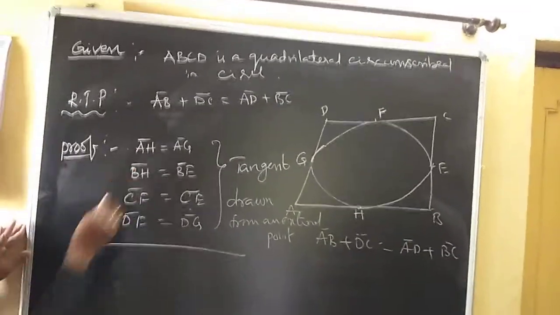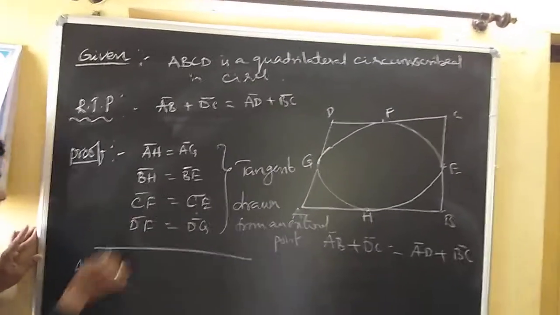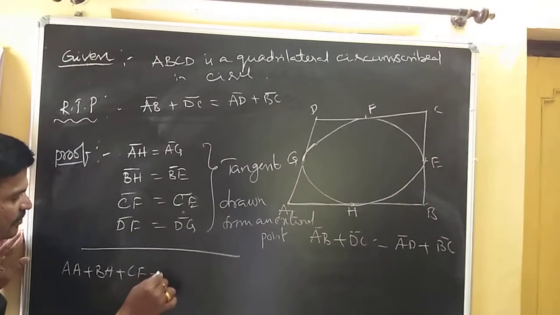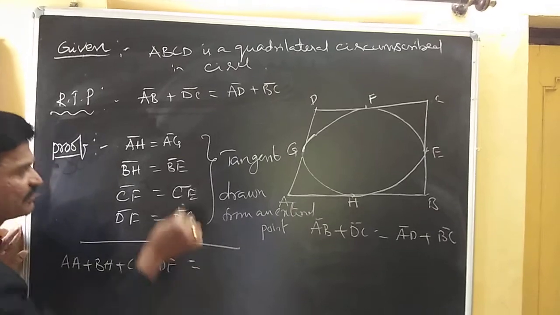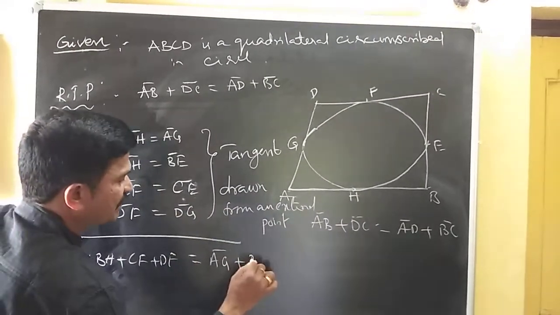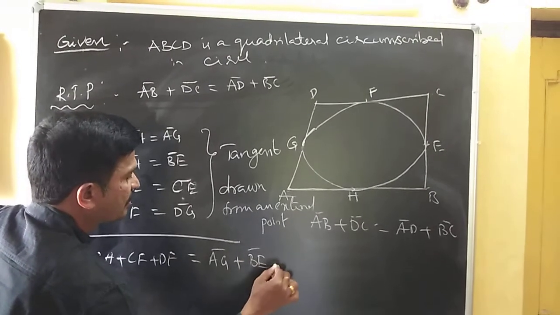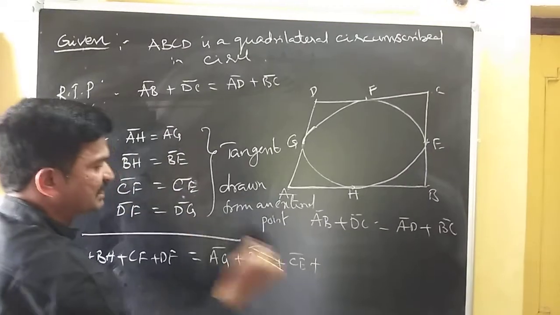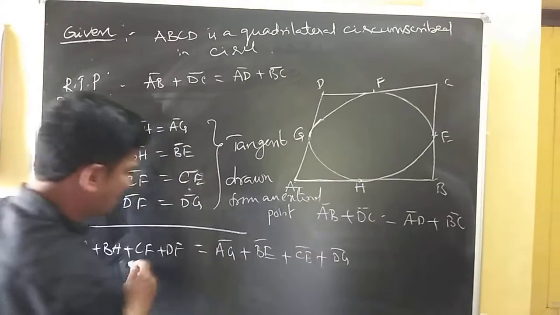How can we add it? AH plus BH plus CF plus DF is equal to AG plus BE plus CE plus DG. How are both equal?